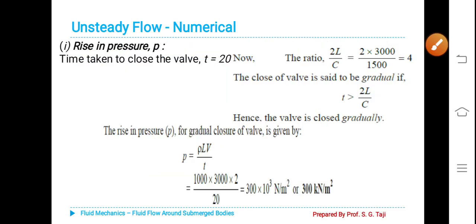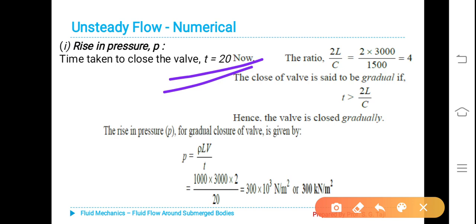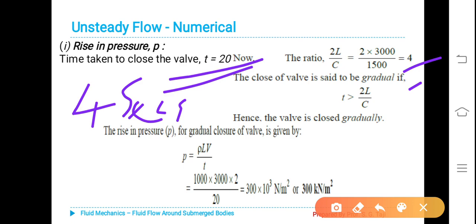Now, case 1, rise in pressure P. Time taken to close the valve T is equal to 20 seconds. Let us find out the critical time 2L by C, that works out to be equal to 4 seconds. Means the given time T is greater than 2L by C, because it is given as 20 seconds.